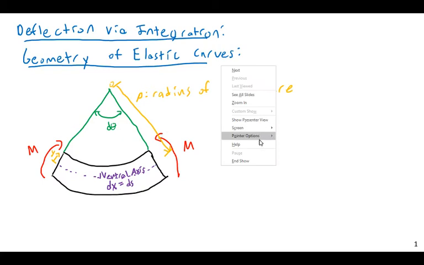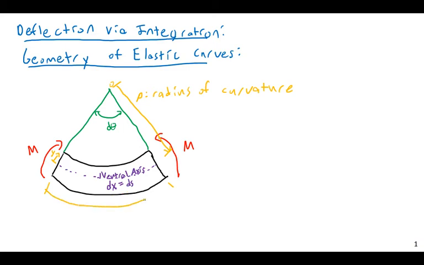And then finally, here, I can maybe label this as ds prime. ds prime would be the arc length at the outermost fiber.